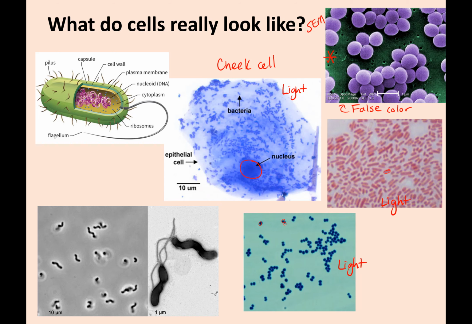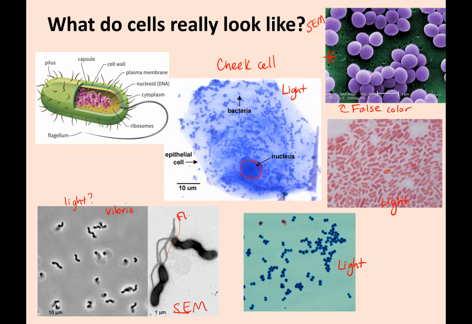Down here we have our classic black and white, right? I'm guessing this might be light because of the glowing around it. These are Vibrio, these are prokaryotic cells, and here is for sure an electron microscopy. I would guess this one is scanning, because you can see kind of the 3D shadow.